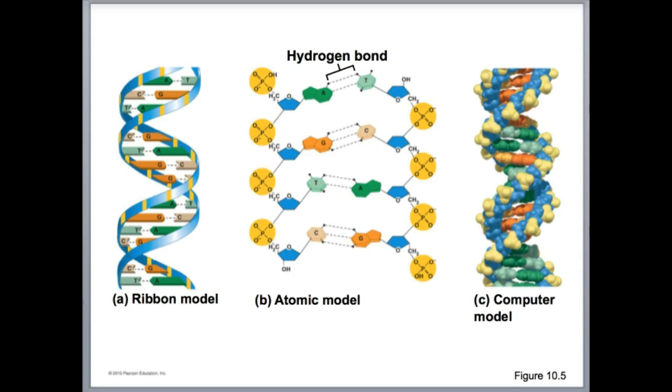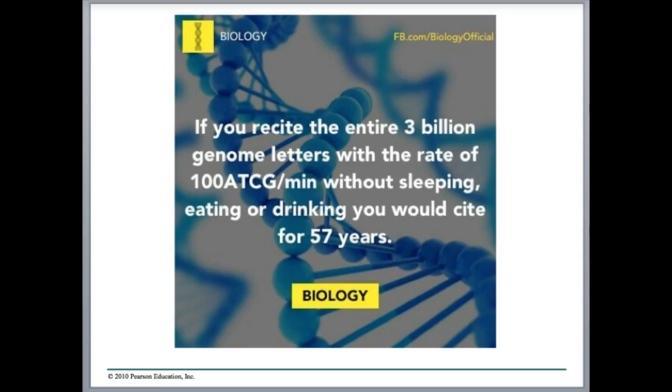Our DNA is extensive. Our chromosomes contain huge amounts of these base pairs. That's where the excitement of the code comes from. If you took our DNA and you stretched it out, and you were reading the letters, the A's, the T's, the C's, and the G's, if you recited the entire 3 billion genome letters at the rate of 100 A to T, C to Gs per minute, without sleeping, eating, or drinking, it would take you 57 years to recite your DNA code.